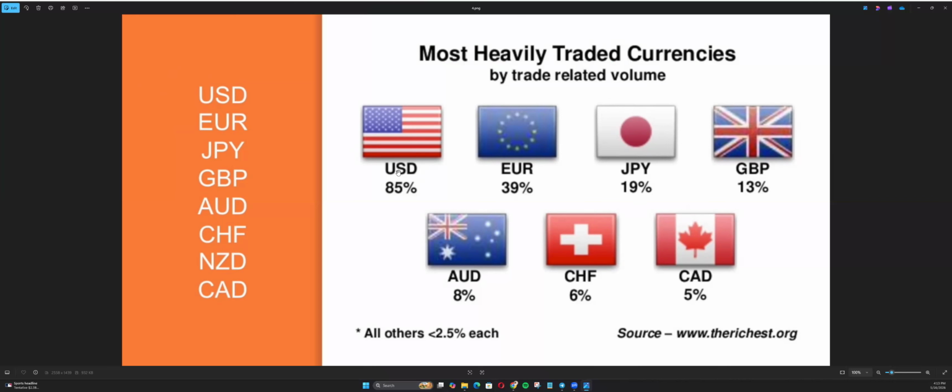So we have the United States dollars, the European euros, the Japanese yen, the Great Britain pounds, the Australian dollars, the CHF, which is usually for the Swiss franc, and CAD is Canadian dollars. We also have NZD, New Zealand dollars. I think we've talked about the rest.